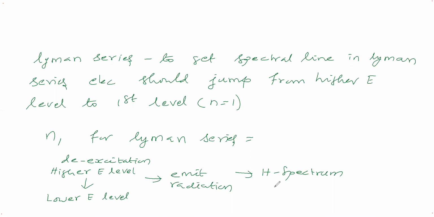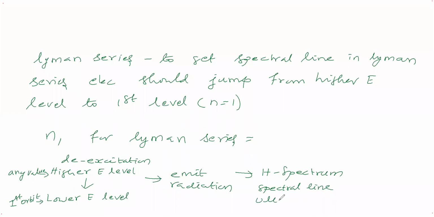Now, this higher energy level can be any value, but the lower energy level should be 1, that means the first orbit. Then this emitted radiation gives a spectral line in the hydrogen spectrum.